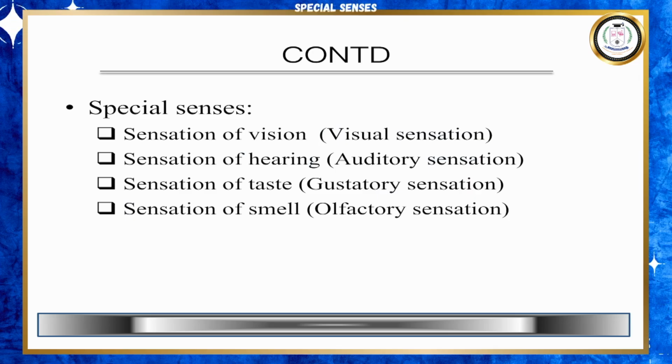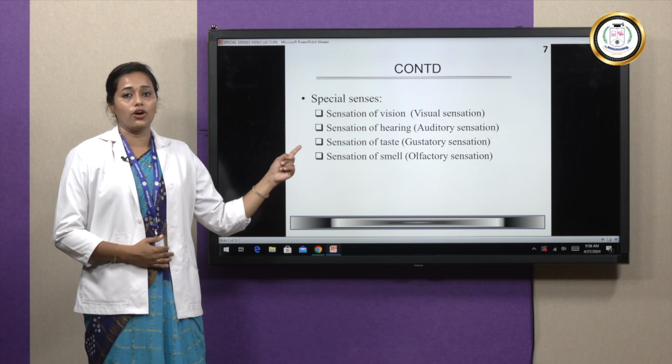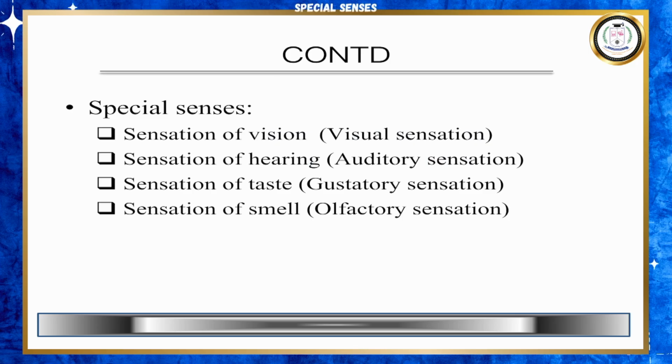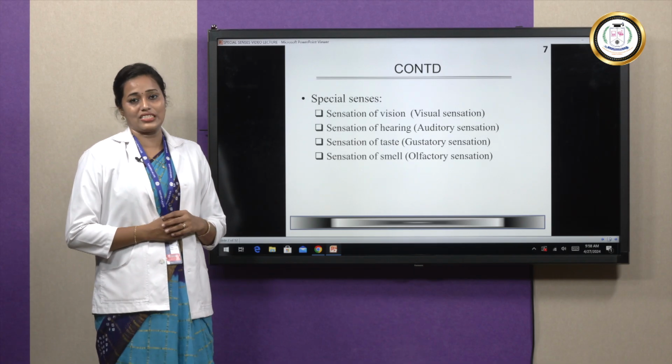Special sensation includes the sense of vision, which is called visual sensation; the sense of hearing, which is called audition or auditory sensation; the sense of taste, called gustatory sensation; and the sense of smell, called olfactory sensation.